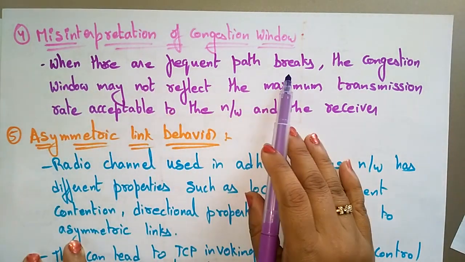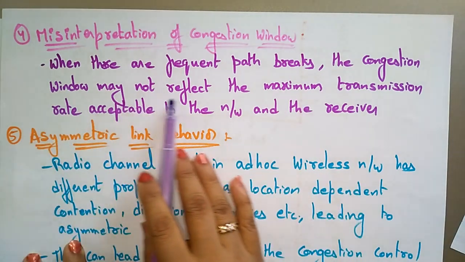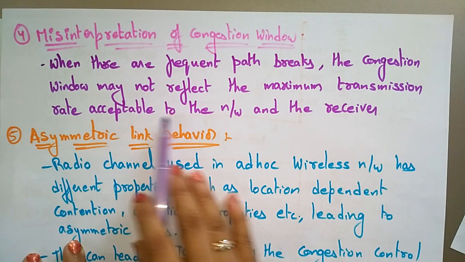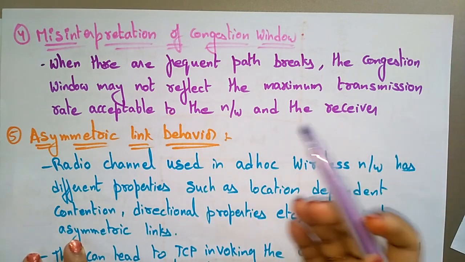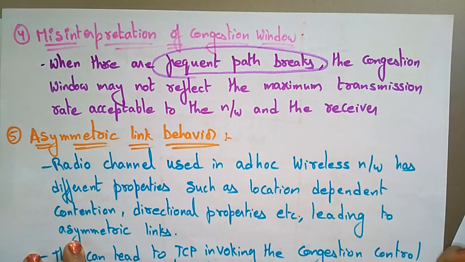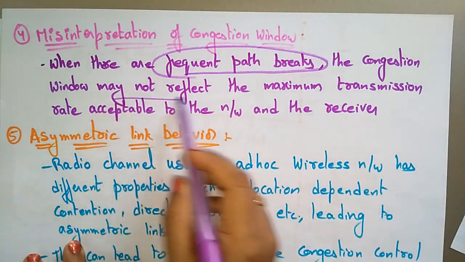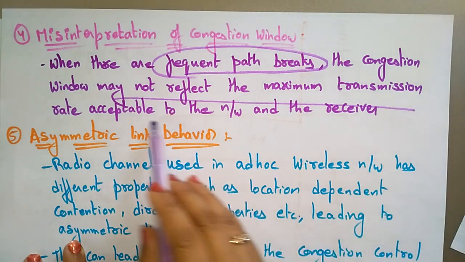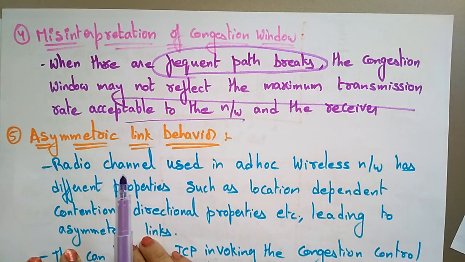When there are frequent path breaks, the congestion window may not reflect the maximum transmission rate acceptable to the network and the receiver. Whenever the number of path breaks increases, the congestion window may not reflect the maximum transmission rate; it may not transmit the maximum amount of packets acceptable to the network.